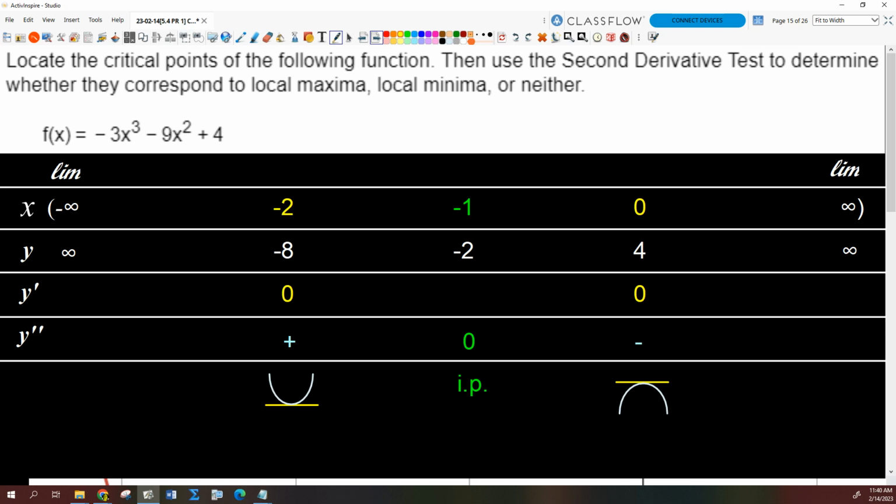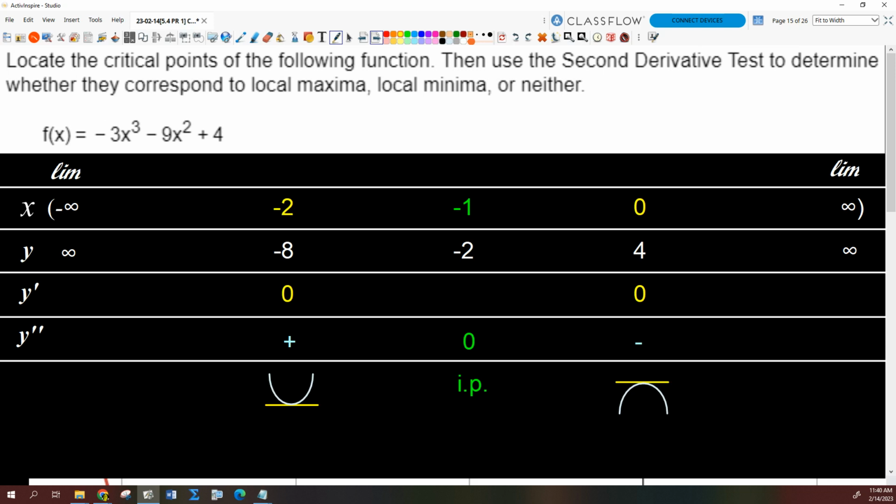Negative 1 was our second derivative critical number. That's where the second derivative was equal to 0, right? Okay, so unless we're trying to really pin this thing down and get a fairly accurate sketch where we want to know some ordered pairs, we don't even really need the Y row. That's not even really that big a deal.